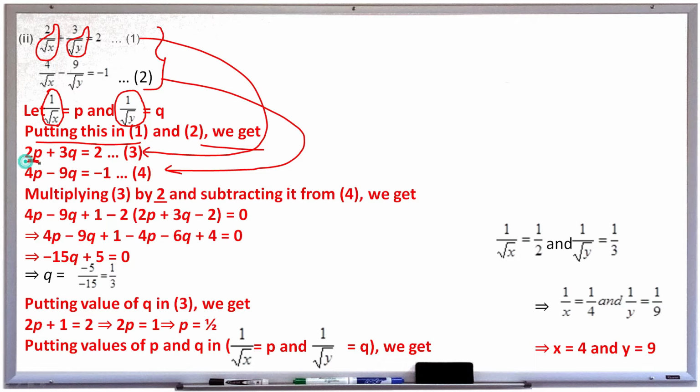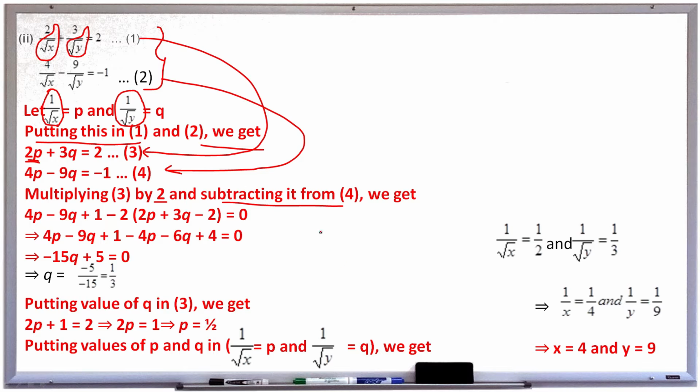so this value 2p will become 4p, and after multiplying, subtract it from equation number 4. First you multiply by 2, so 2p will become 4p, 3 twos are 6q, and 2 twos are 4.